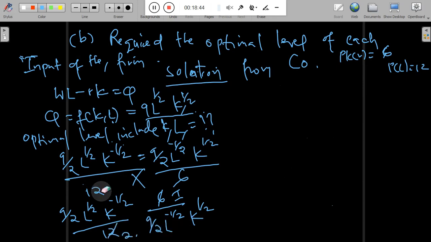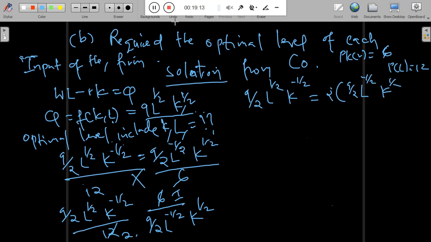So it will be 1 times 9 over 2 L raised to the power of half times K raised to the power of negative half is equal to 2 times 9 over 2 L raised to the power of negative half K raised to the power of half. Taking 2 times 9 over 2, that equals 9.